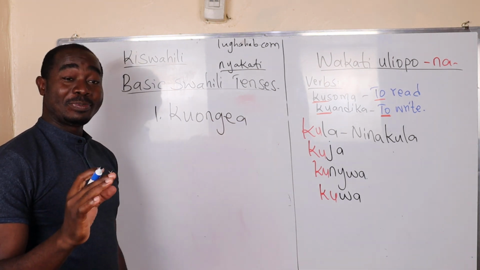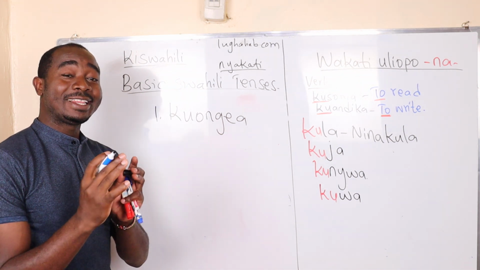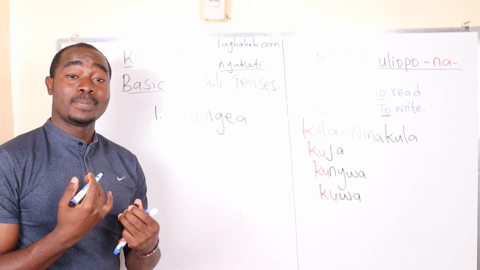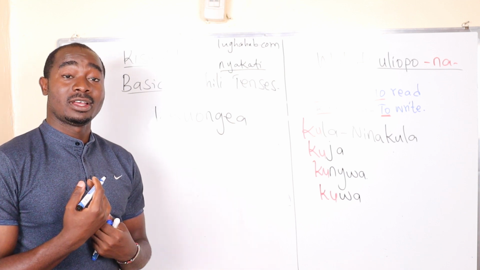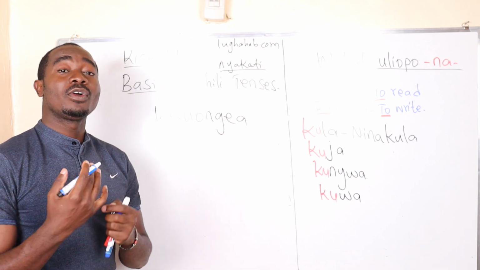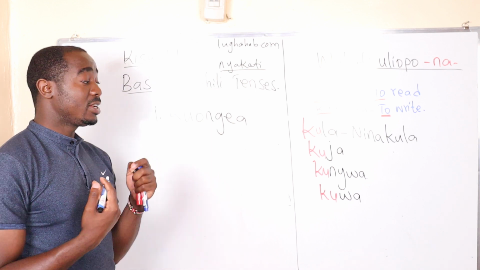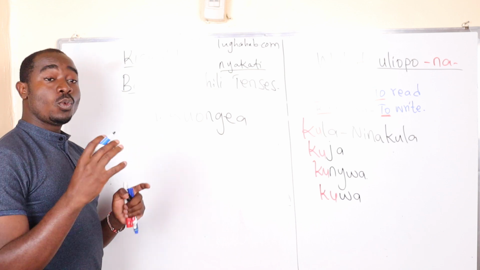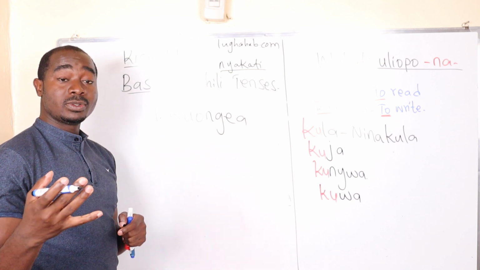I don't expect you to make the same mistake that some of my students make because they haven't understood well. If you haven't understood well, you can ask in the chat. I can repeat, I can make another video. Make this kuongea with different personal pronouns.